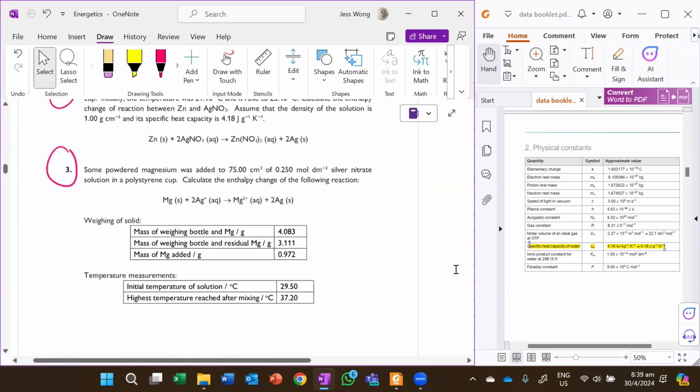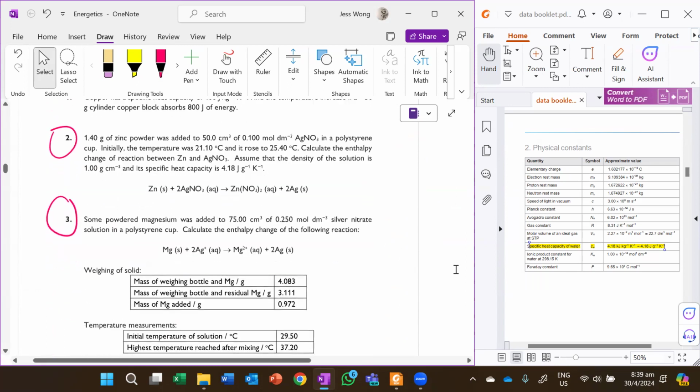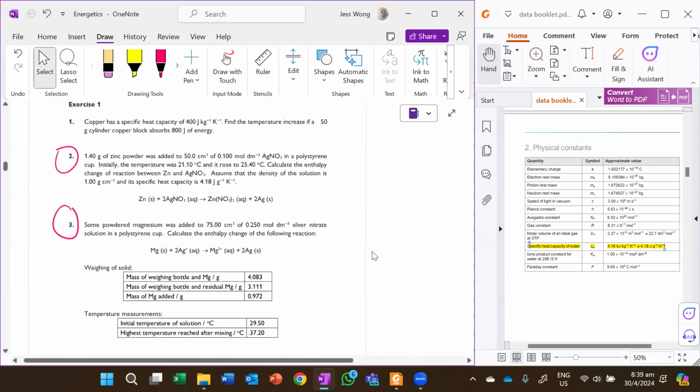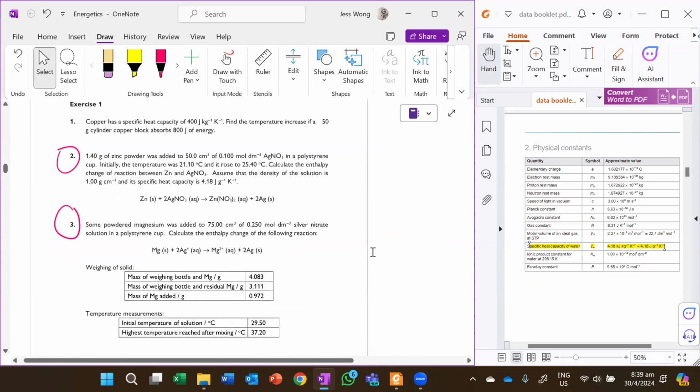You can try these questions first on your own. I will write down the numerical values so that you can try first before we go through. The numerical value for the first one is 40 Kelvin.